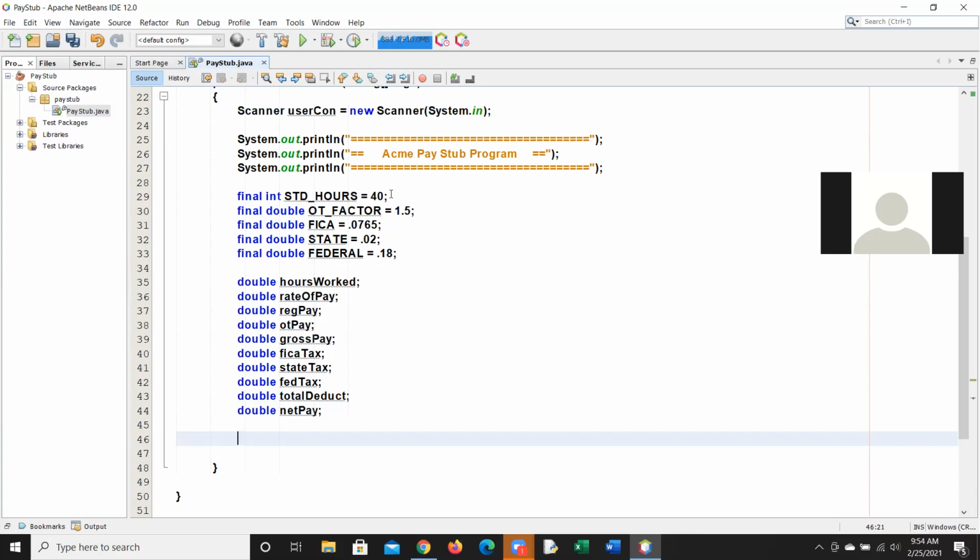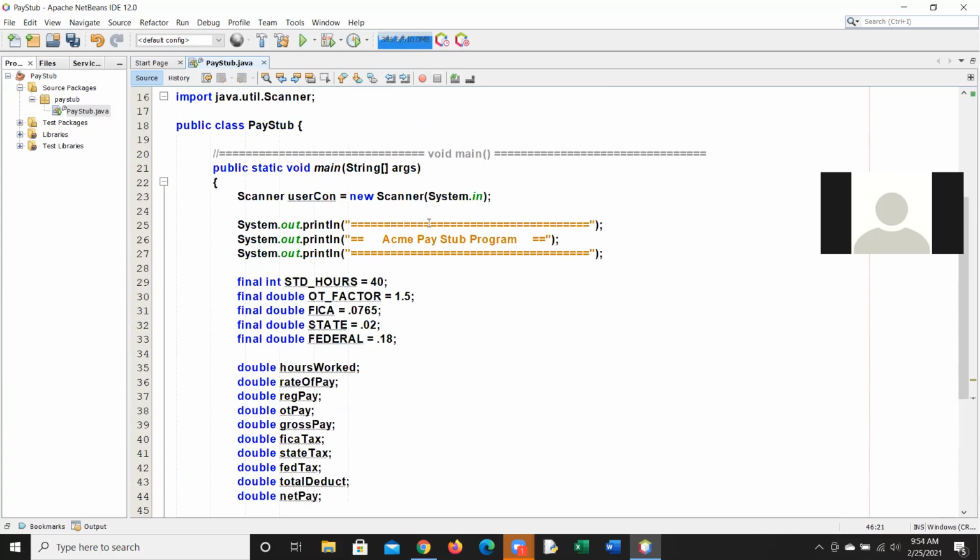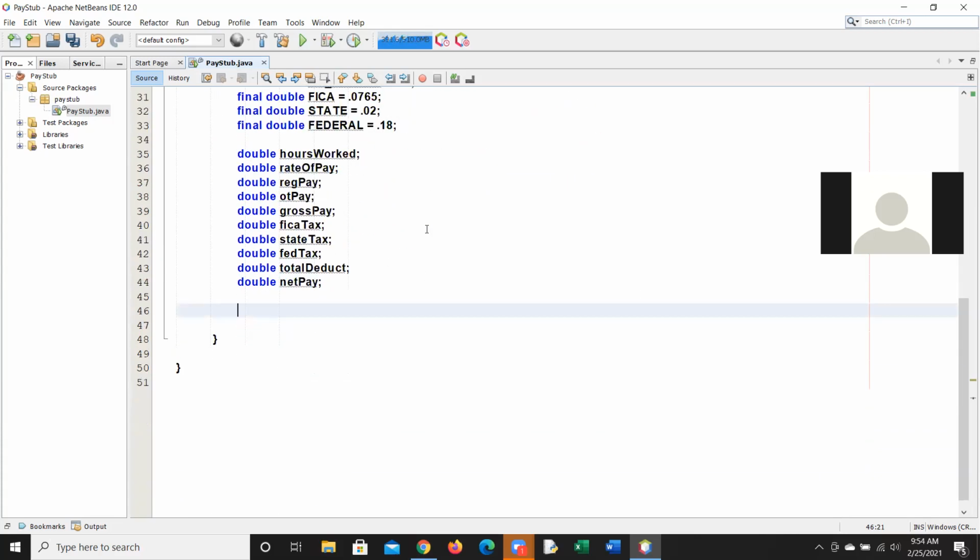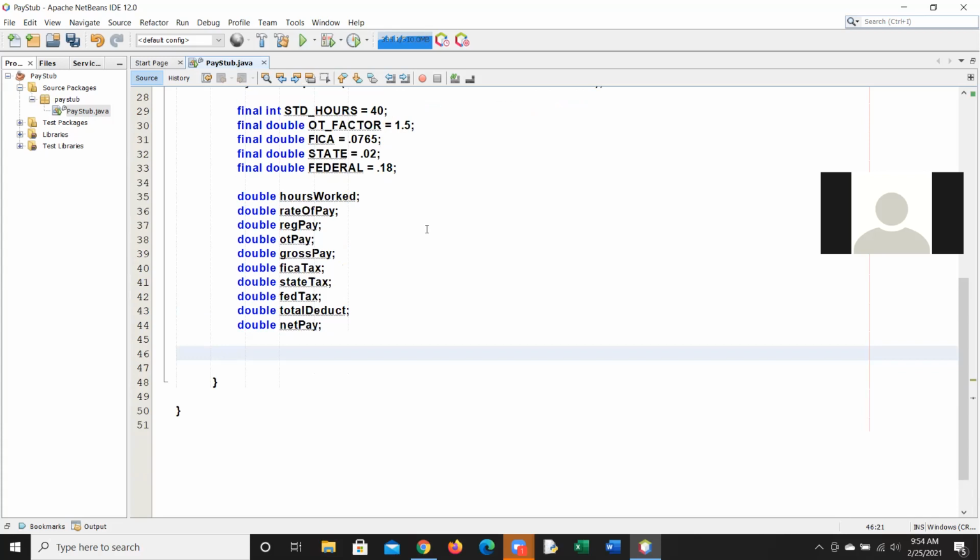They might be 35 if you're paying them for lunch or something like that. And then the overtime factor, by law, you need to be paying somebody 1.5 times anything over 40 hours. And the rates of pay don't change that often, hopefully.